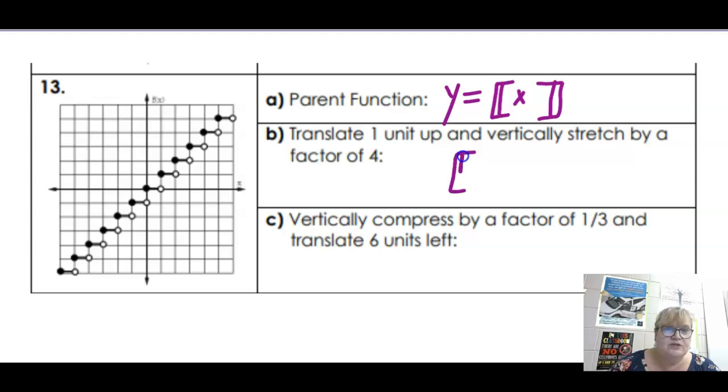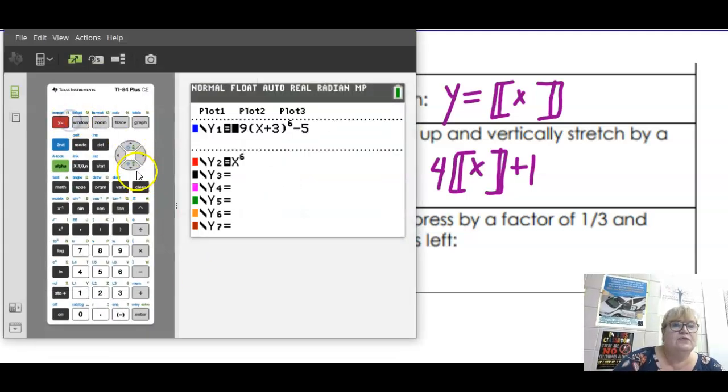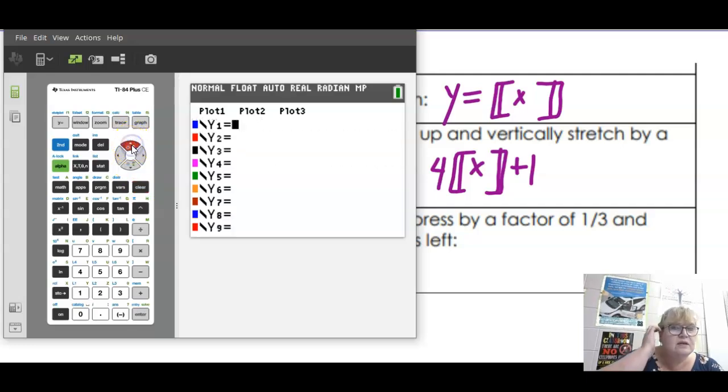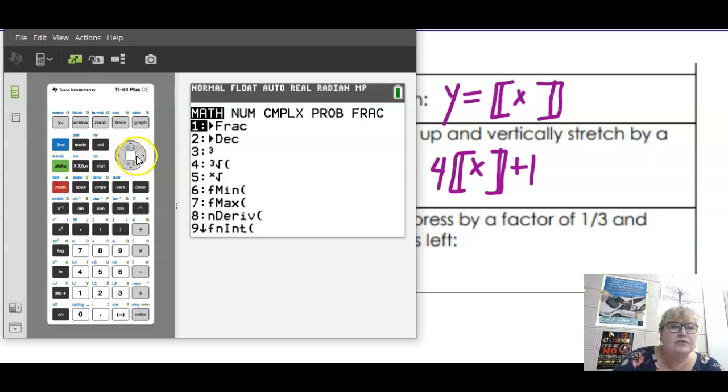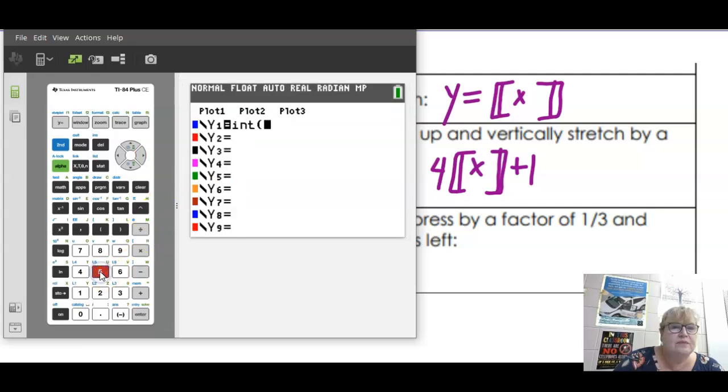Well, this is just our general function, up on the back 1 unit. And vertically stretched by a factor of 4 is applied to the x. Now I'm just curious what that does. If we go back here, the greatest integer function is under math, arrow to the right again, it's integer, choice 5.